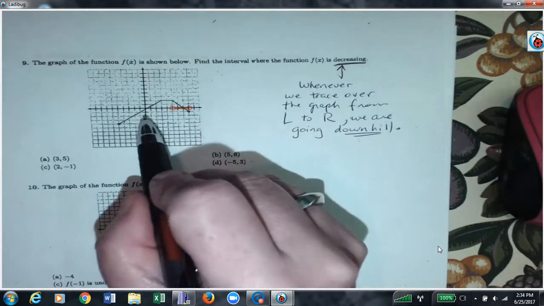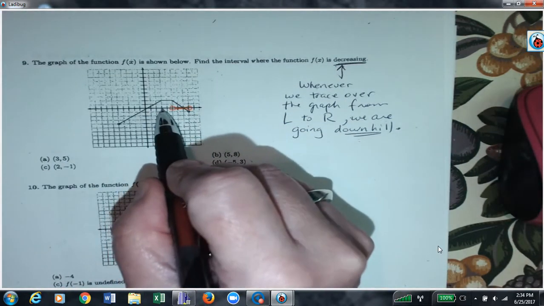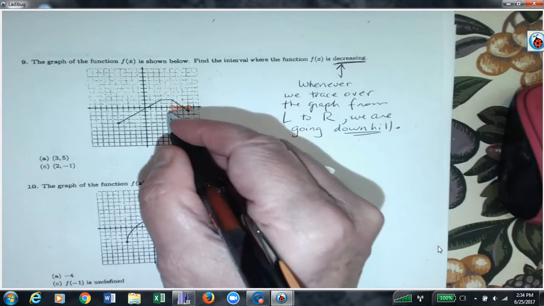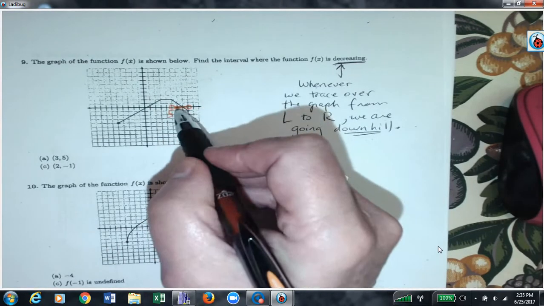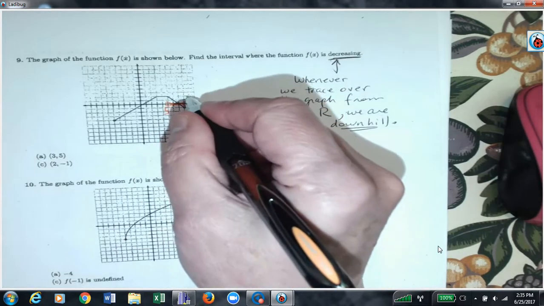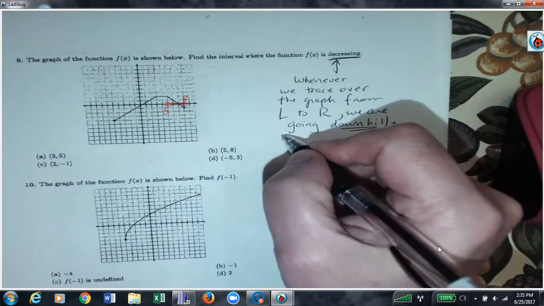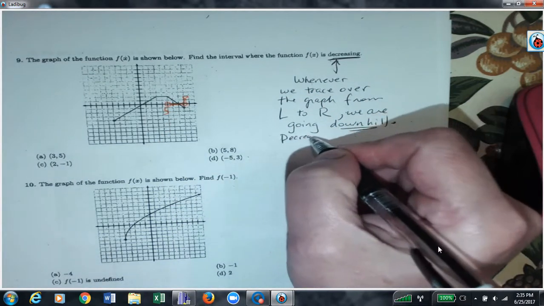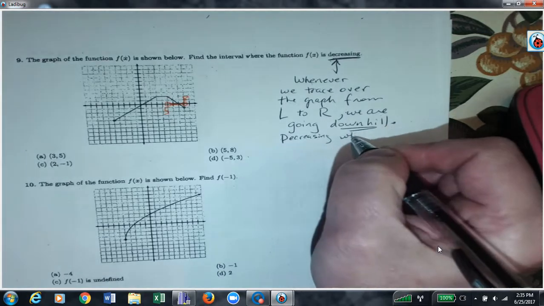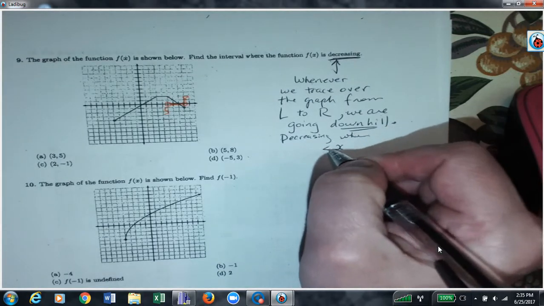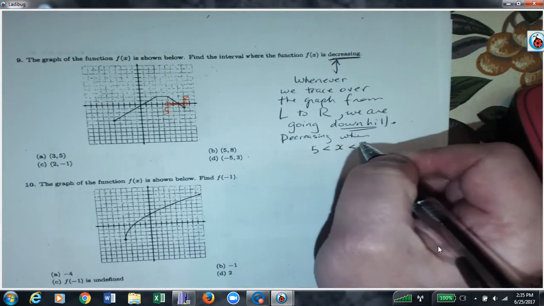And what are these two x values? 1, 2, 3, 4, 5, then 6, 7, and 8. So it is decreasing when my x values are between 5 and 8.